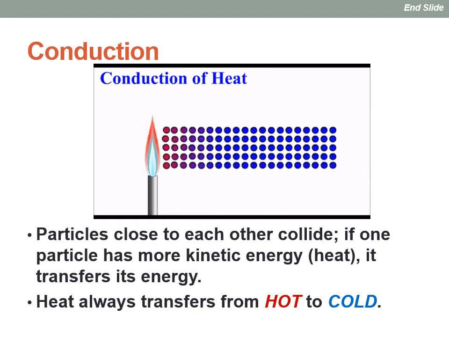Those collisions that transfer energy away from the heat source are referred to as conduction. So particles close to each other collide, and if one particle has more kinetic energy, it will transfer its energy over, because heat always transfers from hot to cold. That's just a natural progression of how heat is transferred through a system. It always goes from the hotter to the colder.